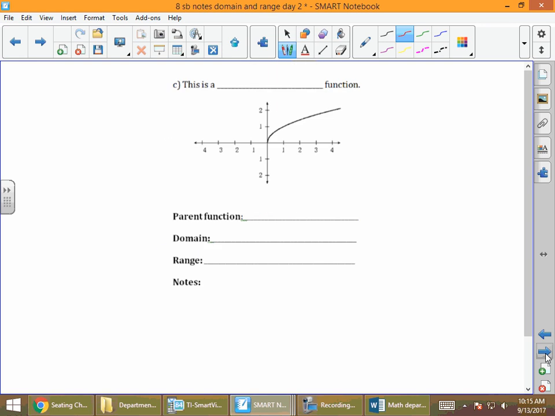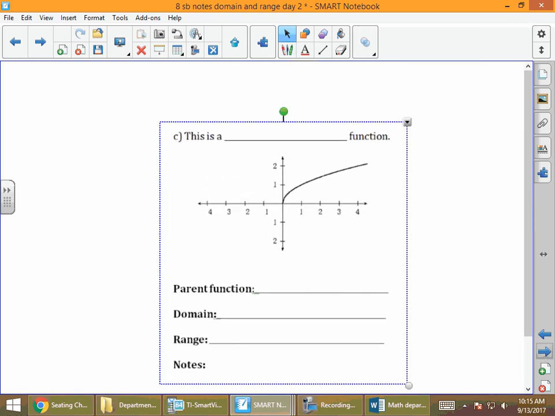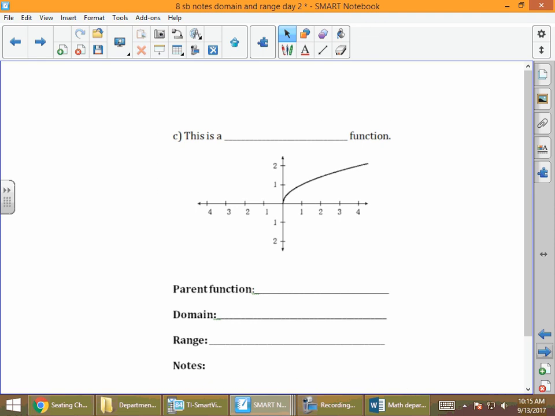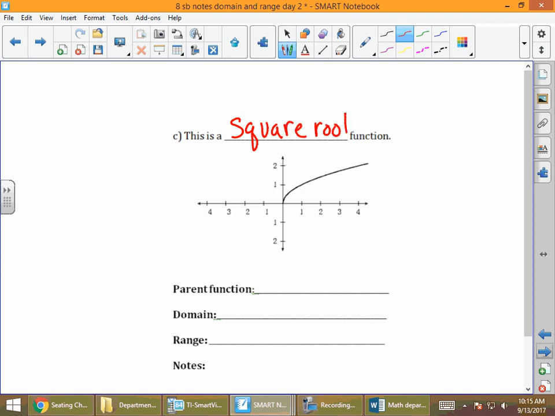The next one. We haven't necessarily seen a picture like this for a couple of weeks that I remember. Actually, we might have seen it in our practice. But this kind of function is a square root function.